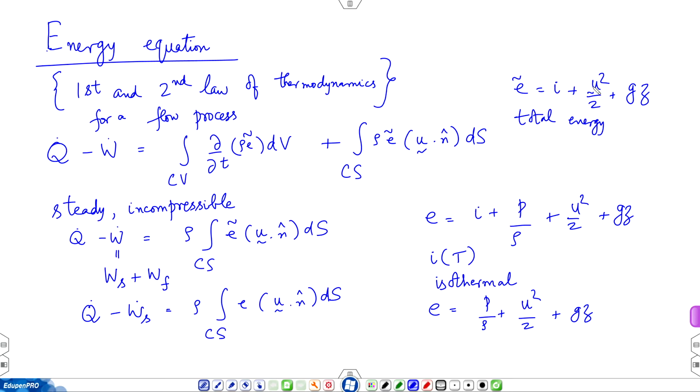So, this is flow work and then isothermal. These are specializations that will enable us to carry out fluid flow analysis. So, by looking at examples, then you will know the utility of these approximations. If in your problem the approximations do not hold, then you have to go back to the original form. It is not that you are compelled to make these approximations, but to illustrate the utility of the subject, we make some approximations and solve some problems.